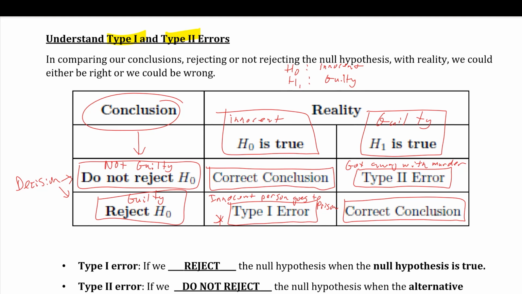That's a systematic problem. So that's technically a worse error to make, because there shouldn't be evidence to suggest an innocent person is guilty. So that is what we call a type 1 error. That's a more serious, more systematic problem, okay?